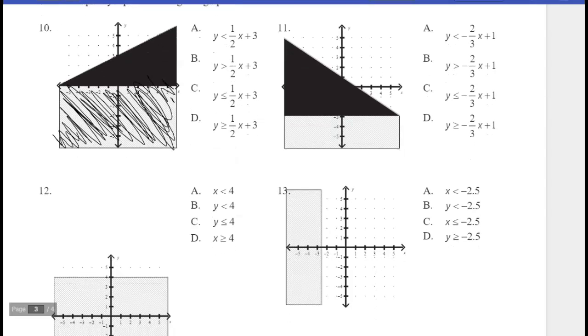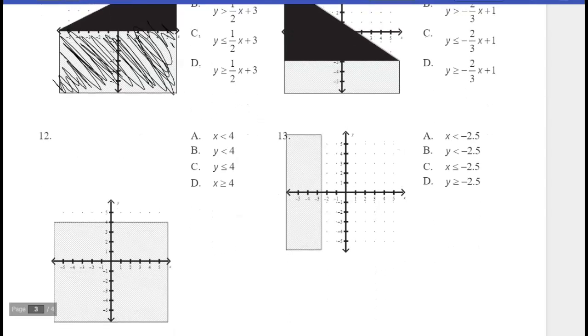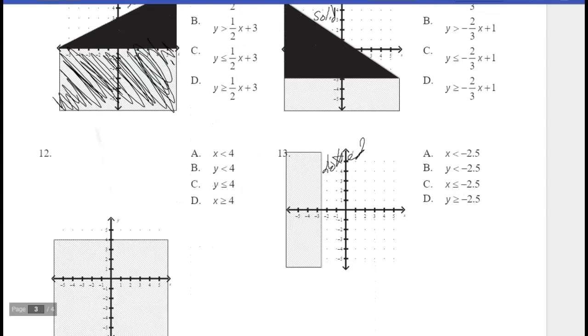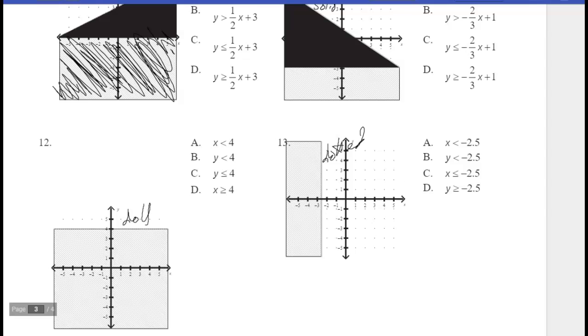All right, and in this case, we're going to say that these two up here are solid lines. And we're going to say these ones down here are dotted. Whether that's how they designed it, I don't know.